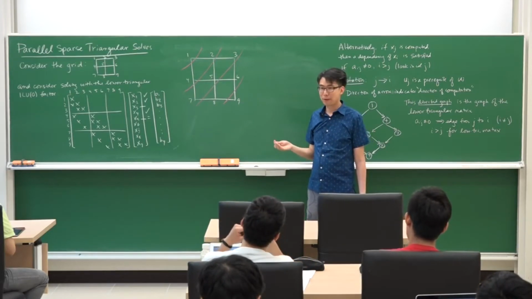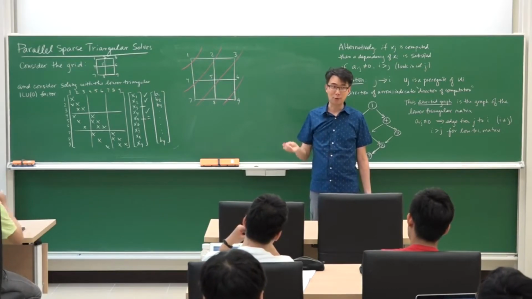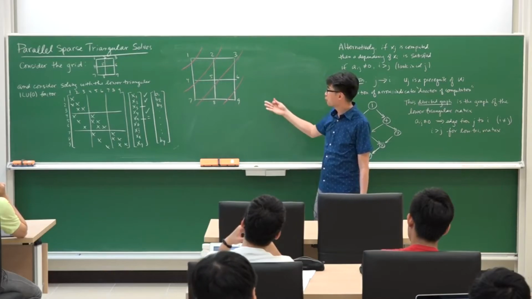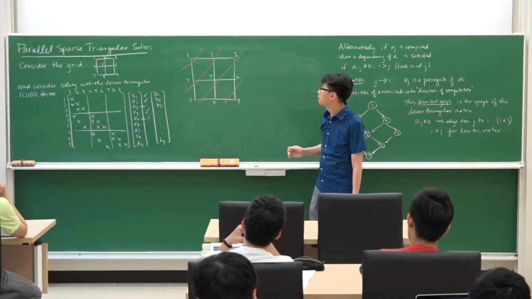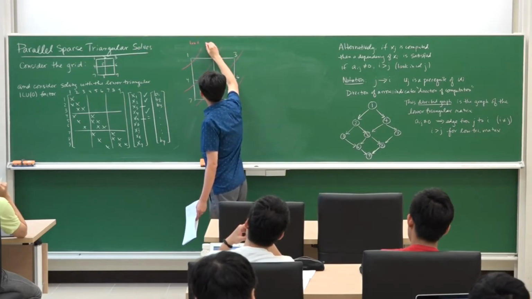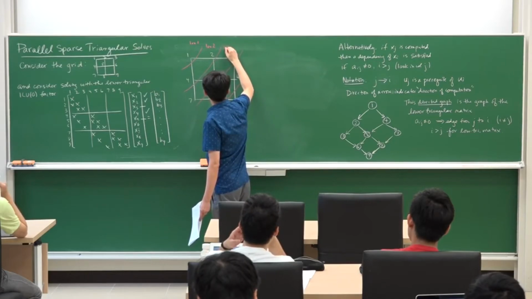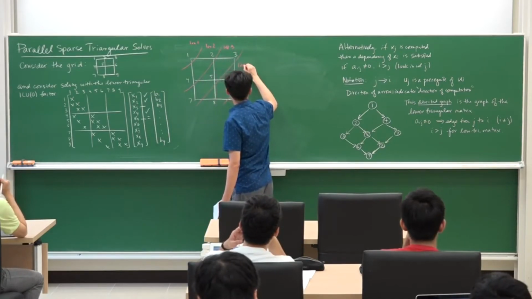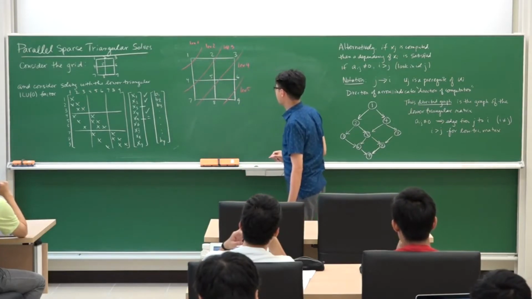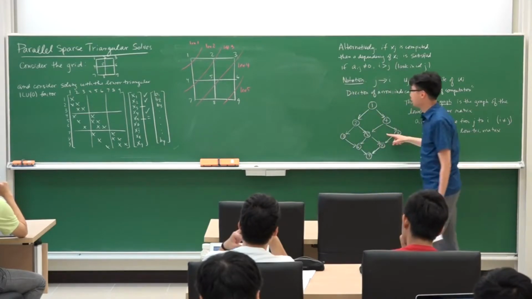Okay, so it's different from the word level in level ILU. Level is reused over and over again with different meanings, but here we also call them levels. Sometimes for regular grids we call them waves, but here this is level 1, level 2, level 3, level 4, and level 5. Okay, so you can see there's a connection between here and here.